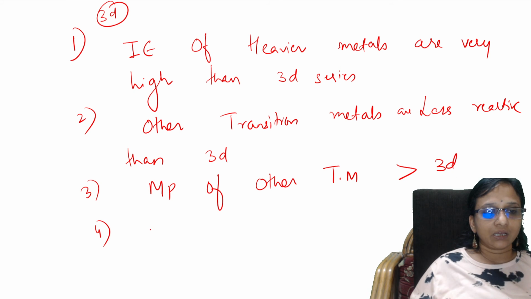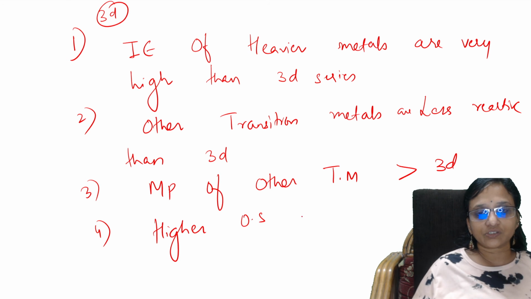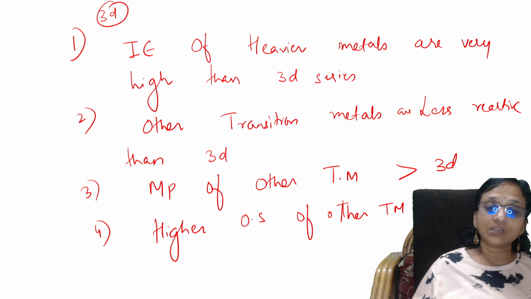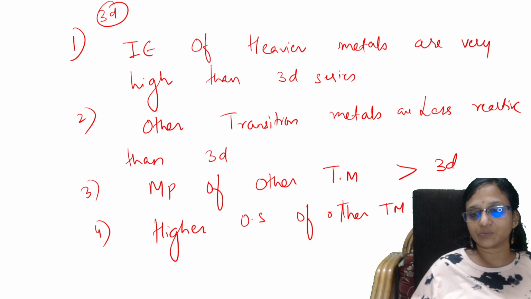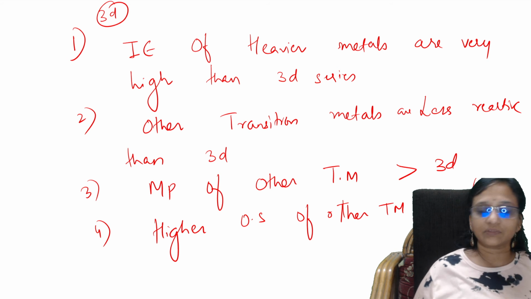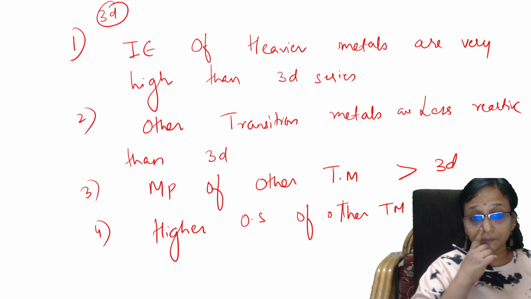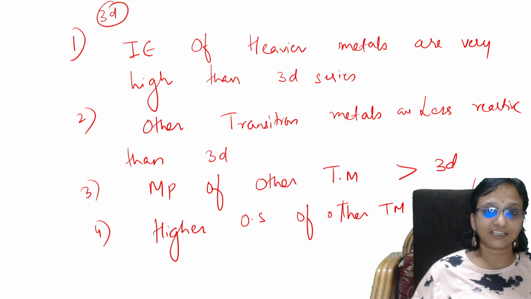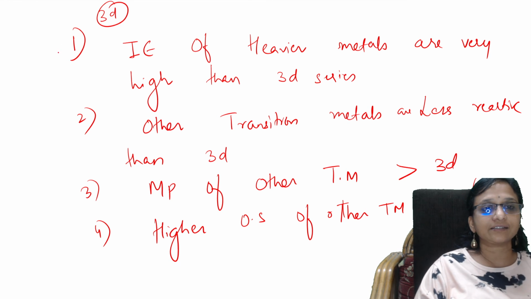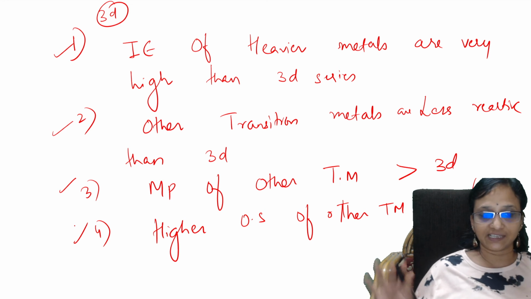Then, higher oxidation states of the other transition elements, meaning heavier transition elements, are more stable compared to the lower oxidation states of 3d. They are less stable in 3d. That's the reason they don't prefer. Check. Easy. If you write these 4 points, that's more than enough for the examiner.